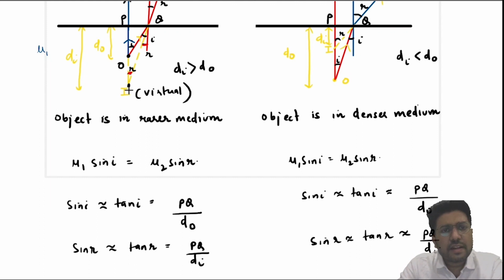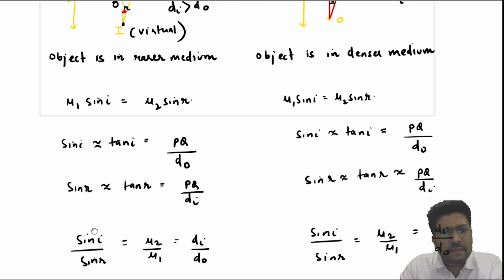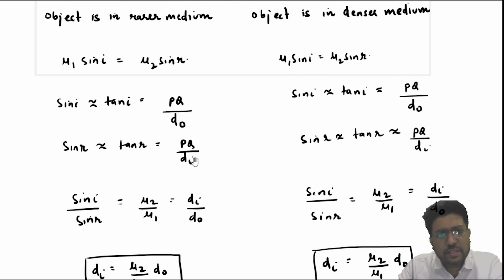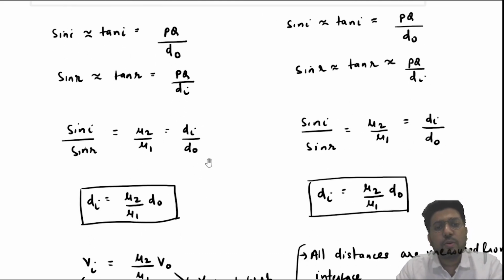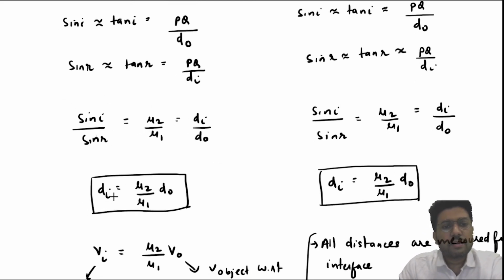Similarly, in this triangle, sine r is nearly equal to tan r, which is equal to PQ by di. Now you will divide: sine i by sine r is equal to PQ cancels, di by do. But from Snell's law, sine i by sine r is mu2 by mu1. So you will get di by do is equal to mu2 by mu1, or di is equal to mu2 by mu1 into do.